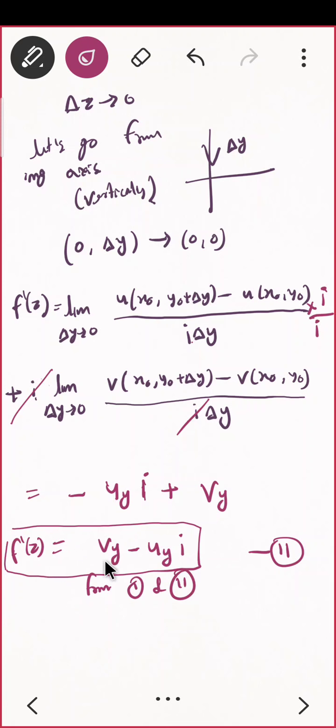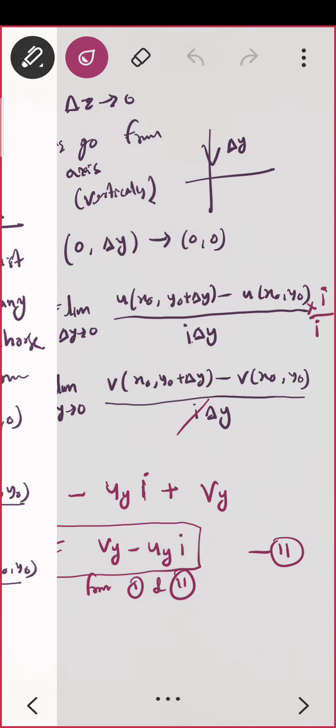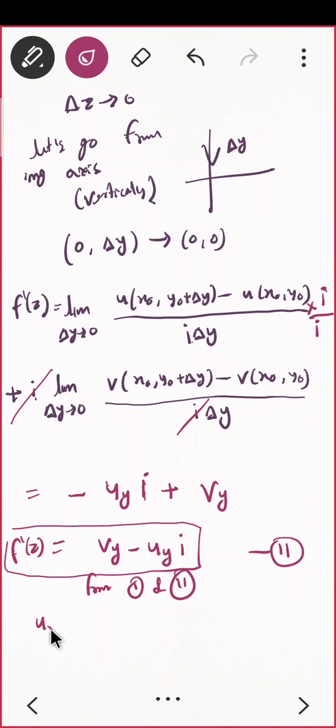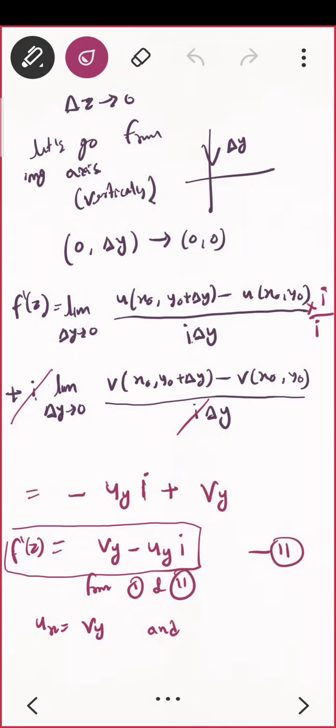Let us compare real part with real part. Here the real part is ux and here it is Vy. So you are having ux equal to Vy, and what is this? Vx equal to minus Uy. So can I write it as Uy equal to minus Vx? I just want to write u first. Is that clear?